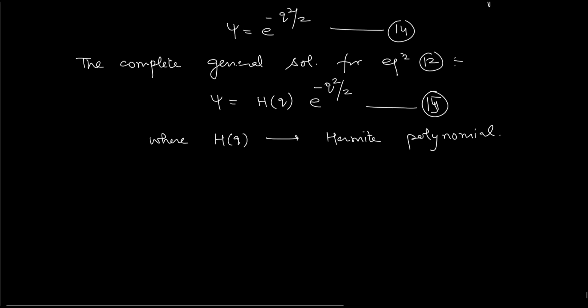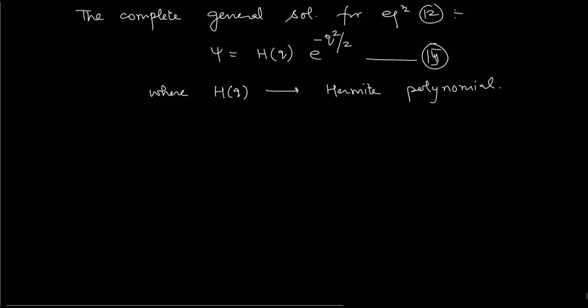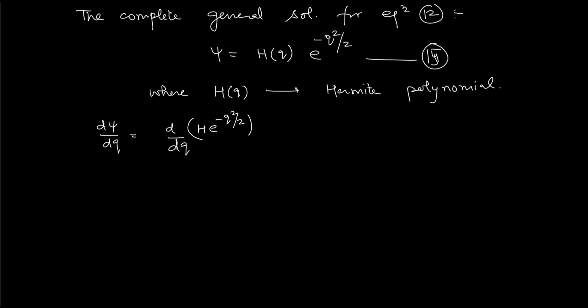To find this, firstly we take the derivative of equation number 15 with q. So it is H e raised to power minus q square by 2, where H is a function of q. So first function as such, derivative of the second term, plus second term as such, derivative of the first term.